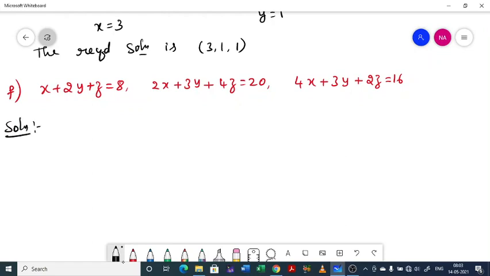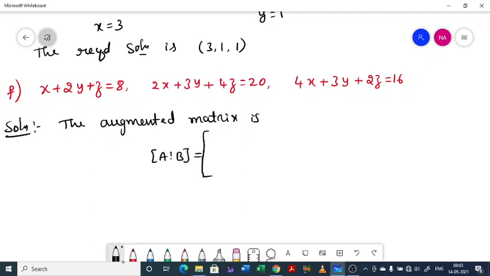The augmented matrix [A : B] is equal to 1, 2, 1 colon 8; 2, 3, 4 colon 20; 4, 3, 2 colon 16.